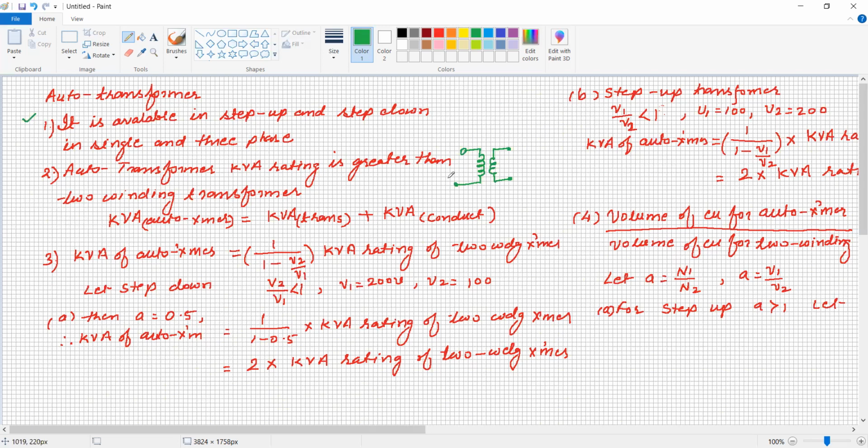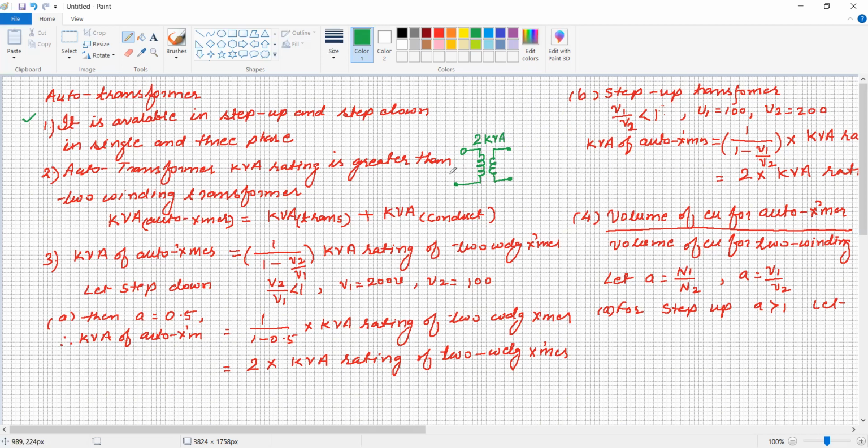So the kVA rating of the auto transformer is greater than the two winding transformer. Let the kVA rating of the transformer be 2 kVA. Then when it is converted into an auto transformer, the kVA rating is greater than 2 kVA, and this depends upon the voltage ratio.